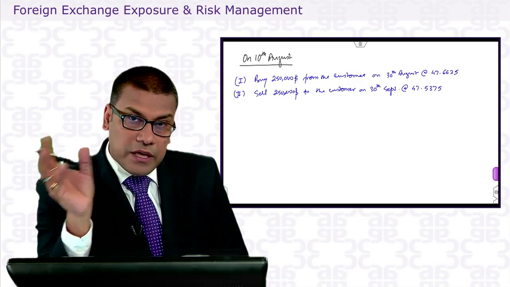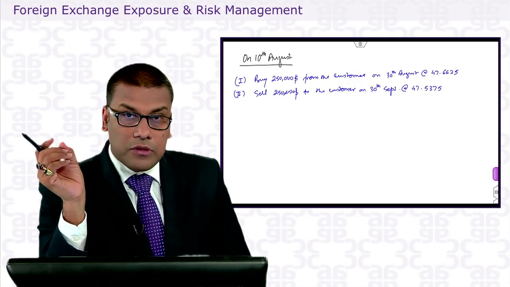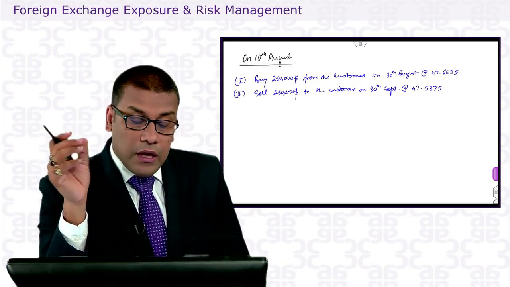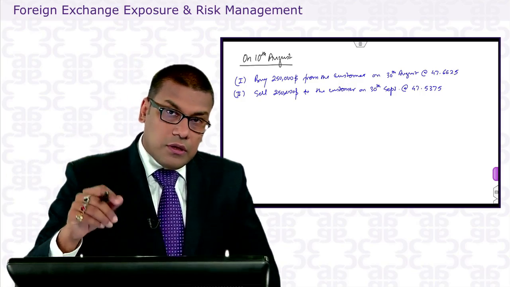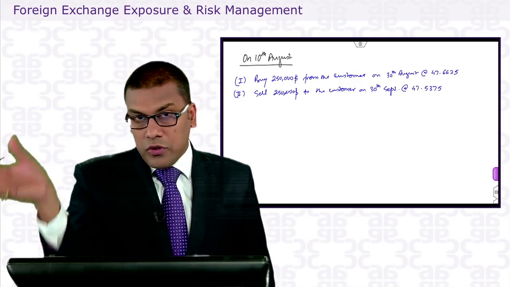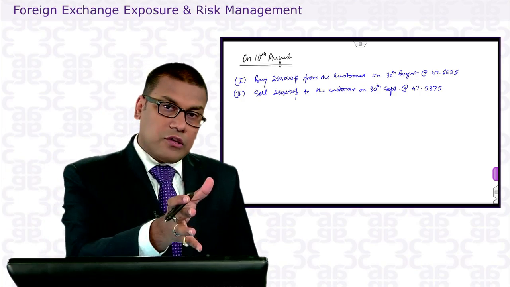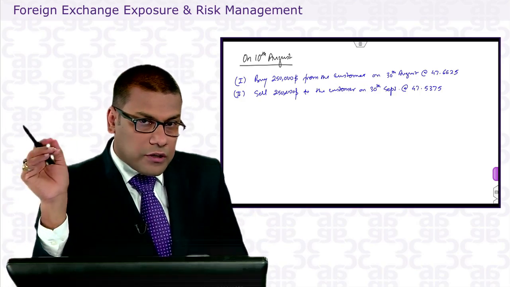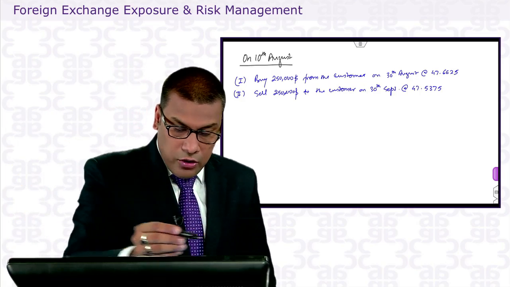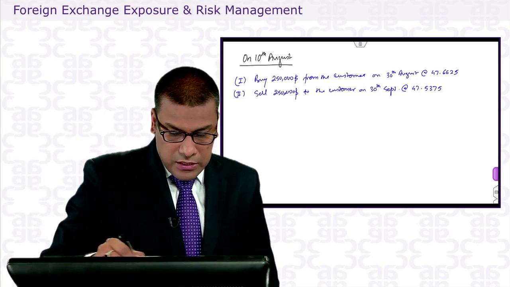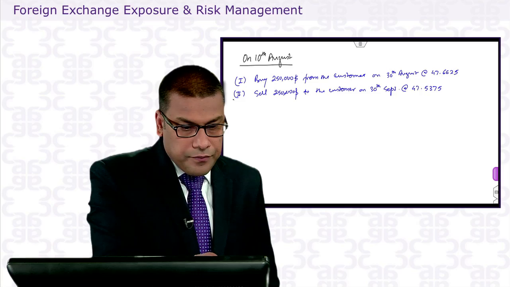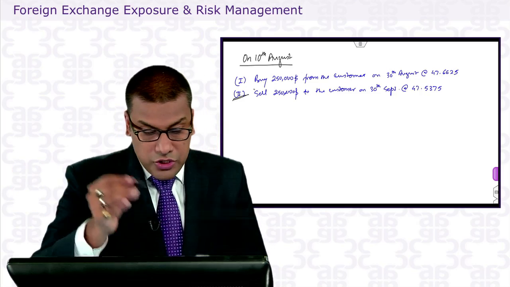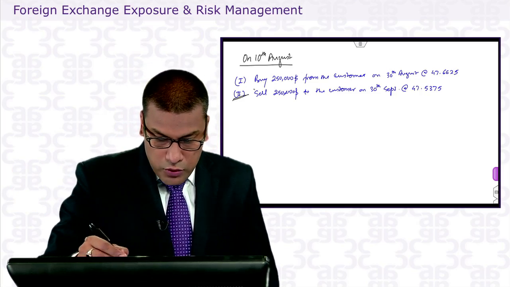They will take up a buy position from the customer at the 30th of August rate, and will take up a sell position for 30th of September. That is the original contract, which is now extended. So the sell contract of 30th of August is now extended as a sell contract of 30th of September. This second contract is basically the extension contract.